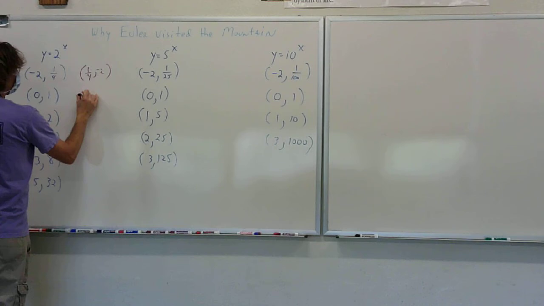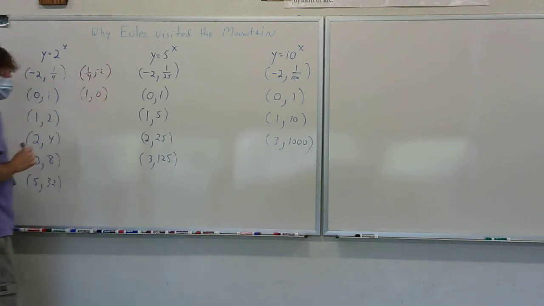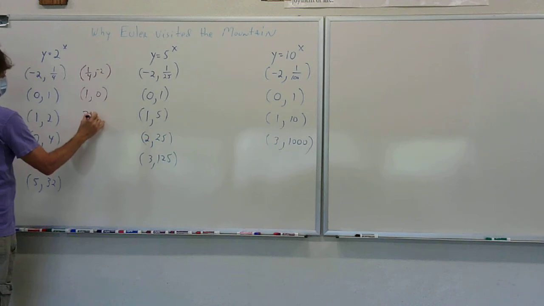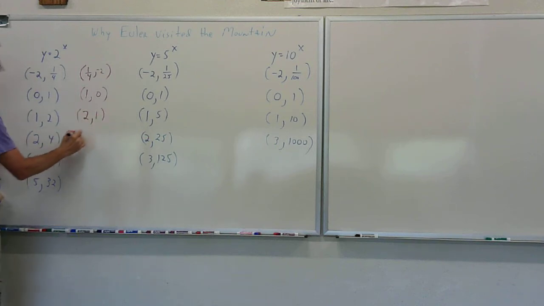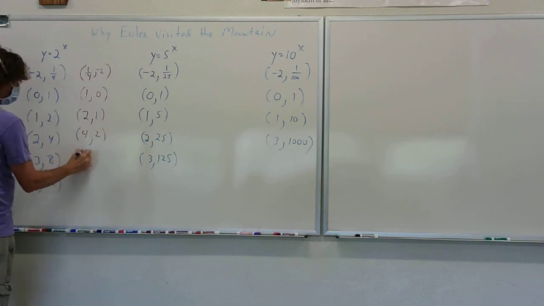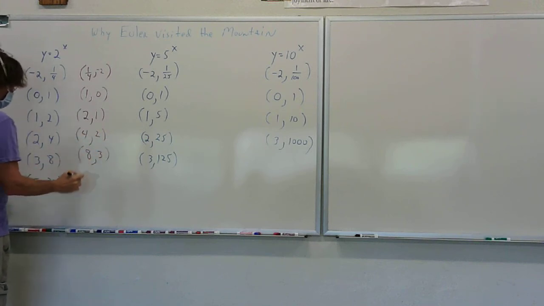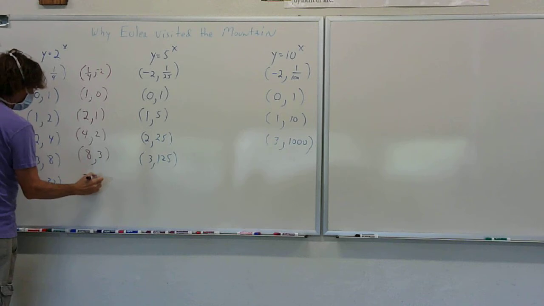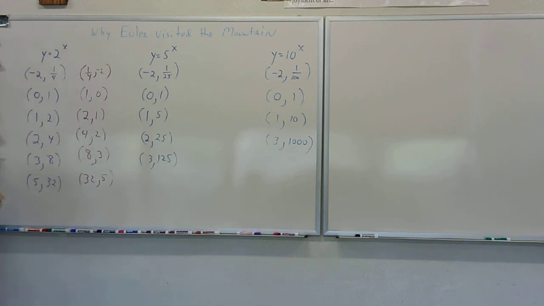If you put 1 in, it's got to turn back into 0. If you put 2 in, it's got to turn back into 1. You put 4 in, it's got to turn back into 2. You put 8 in, it's got to turn back into 3. And you put 32 in, it's got to turn it back into a what? 5. Because we know how inverse functions work.